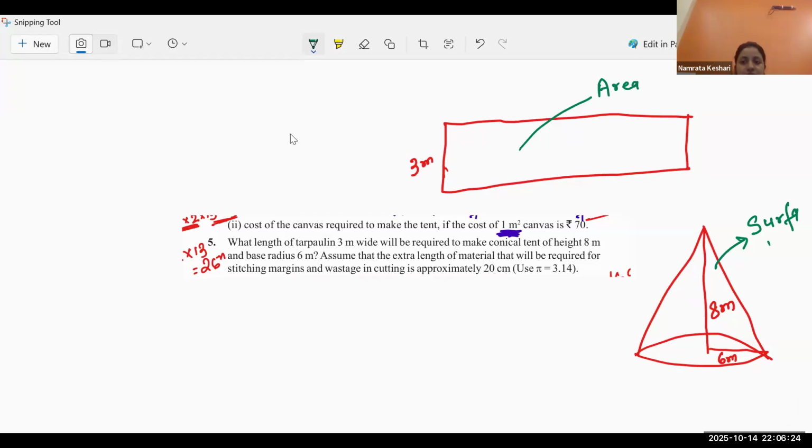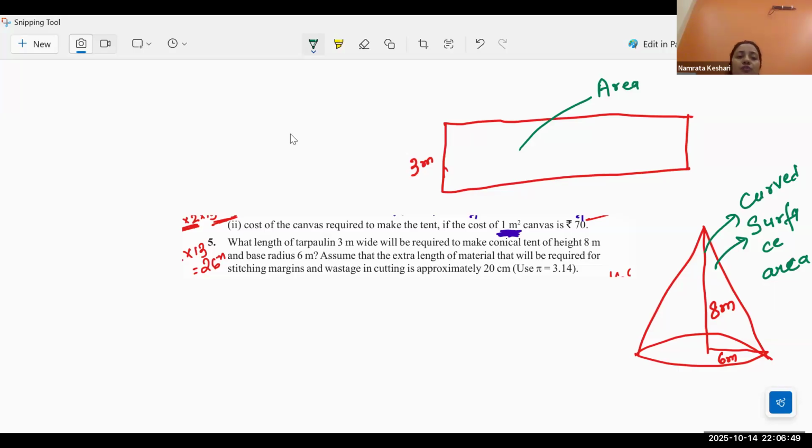So area of the tarpaulin I am using to make the curved surface area of the cone. Why just curved surface area? Because in the question it doesn't say to take the bottom also. That's why I'm just making the conical structure just like a birthday cap. Out of this tarpaulin we are making a conical tent.